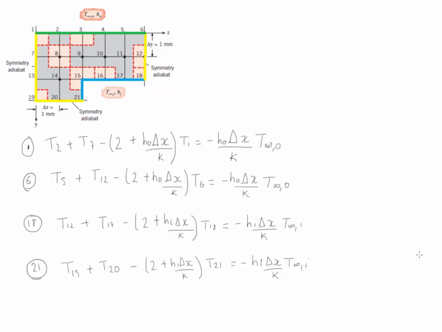Please make sure that you go back and are able to derive the equation for a corner with adiabatic conduction and convection, and you get exactly the results that we have over here.